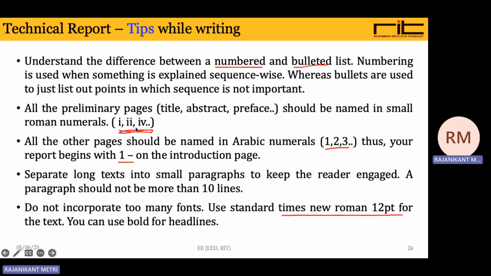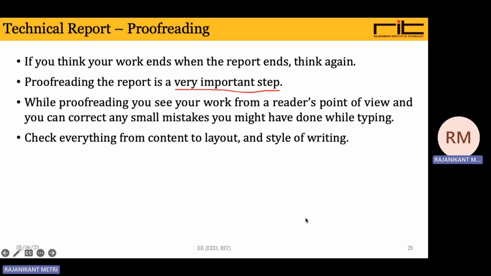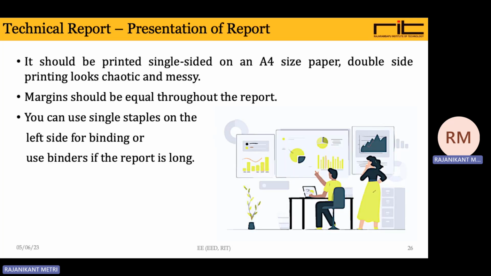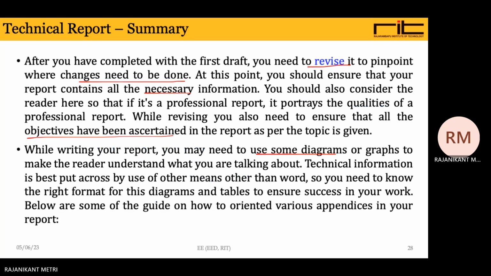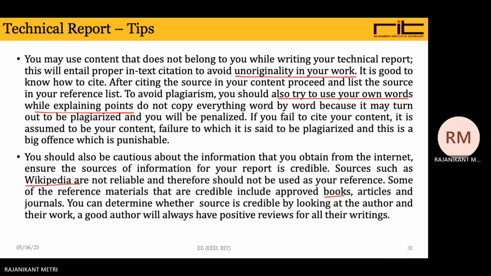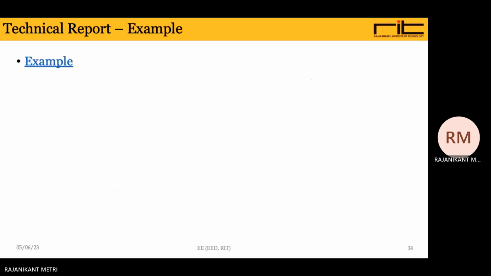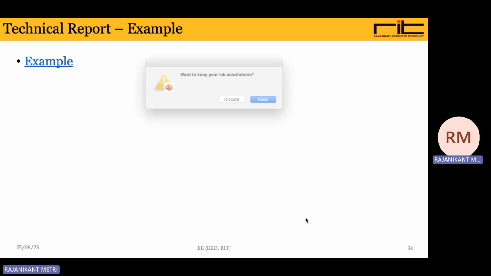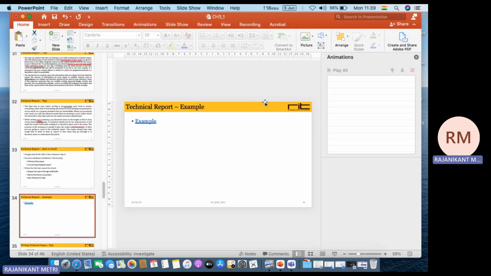The preliminary pages are numbered with Roman letters, and the main pages with 1, 2, 3. Then at the end, do the proofreading before doing the printing. So these are some summary tips we have seen. We'll see an example in the next session.